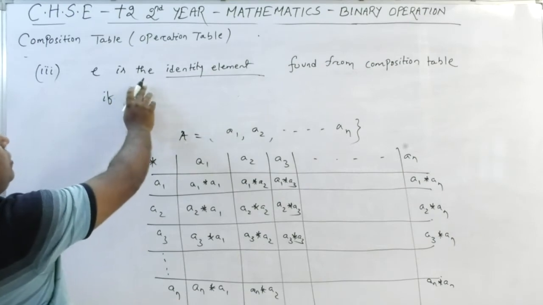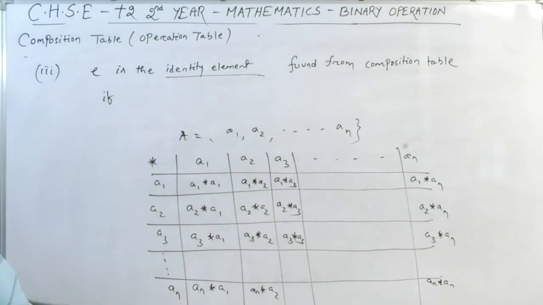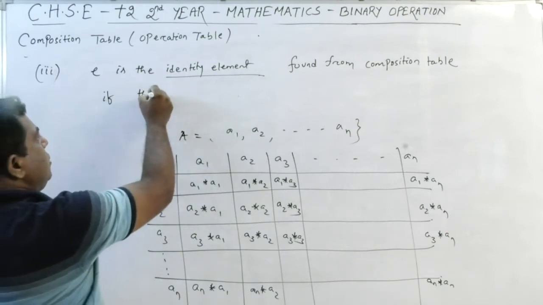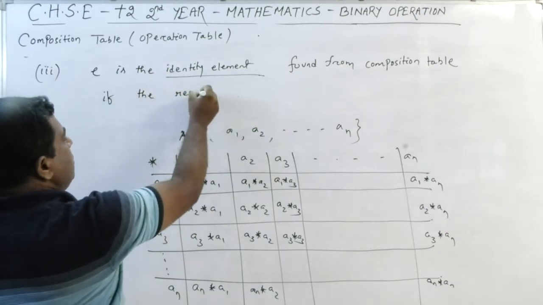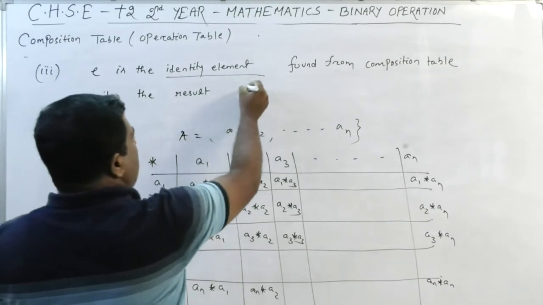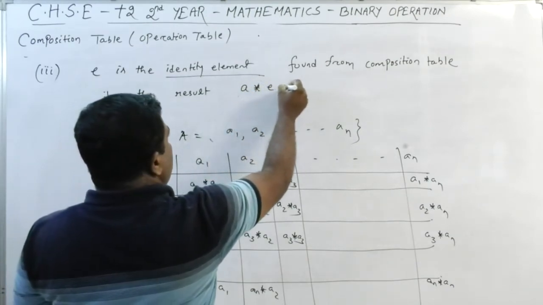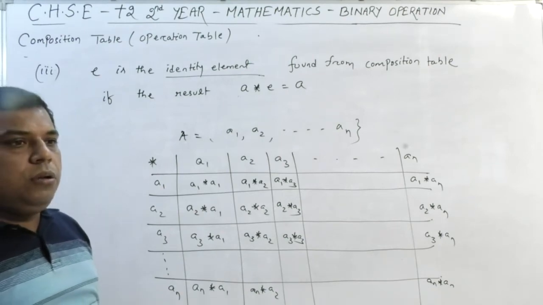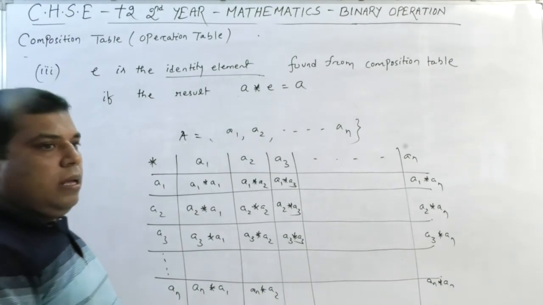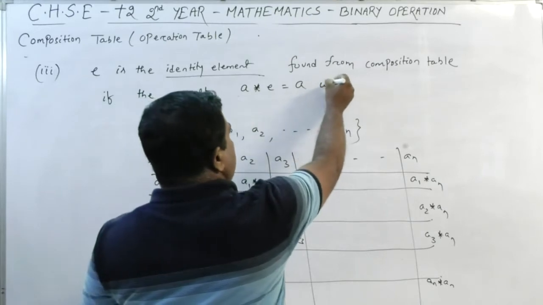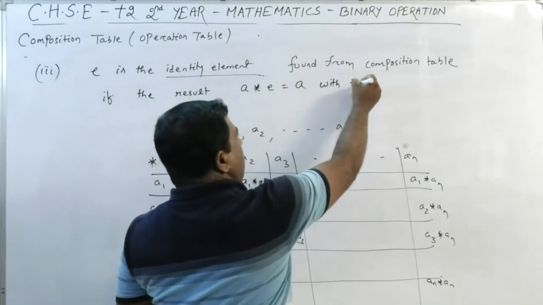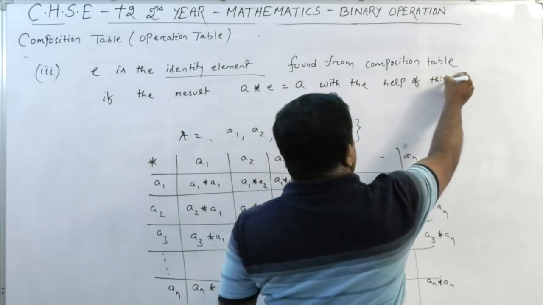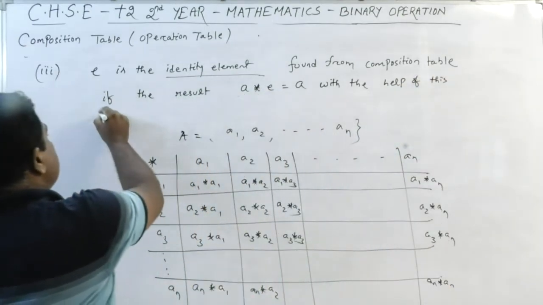E is the identity element if the result A star E equals A with the help of this binary operation.